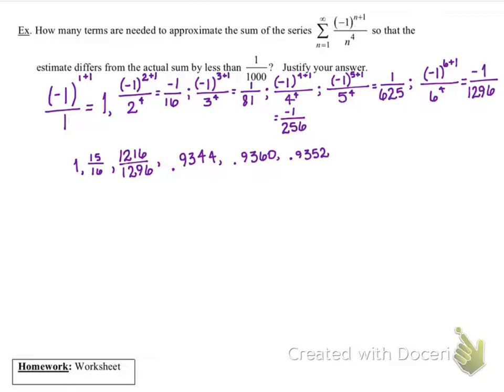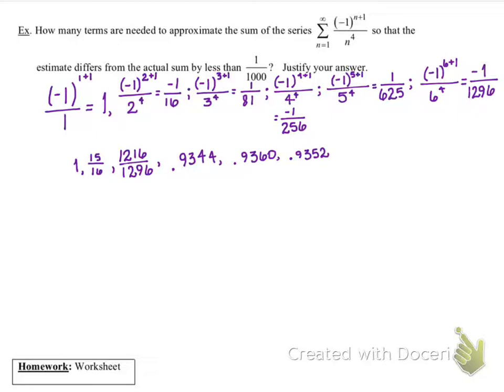Now you can see how the terms bounce back and forth, and how their sums bounce back and forth. It is getting closer and zooming in on a particular number. That number might be 0.9355, and it might be something else. We don't really know for sure. But we have a total of 1, 2, 3, 4, 5, 6 terms.